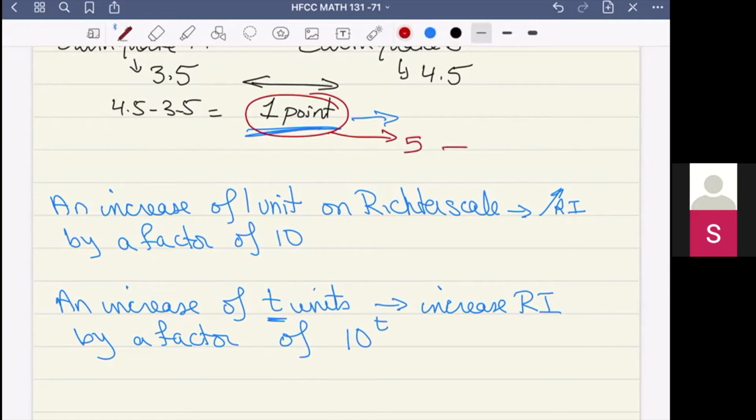So it will be 10 to the power 5 times, which is 100,000 times as much as earthquake A. That's how much an increase in the relative intensity. So earthquake B would be that much more intense than earthquake A.